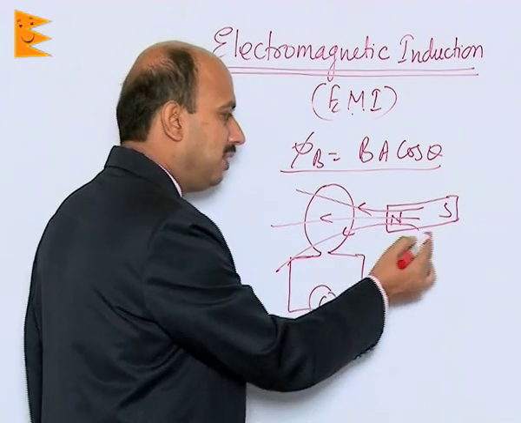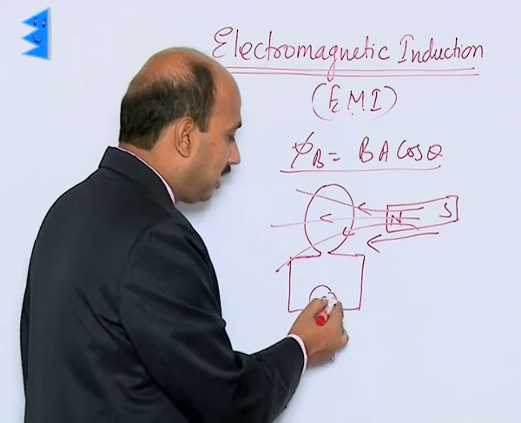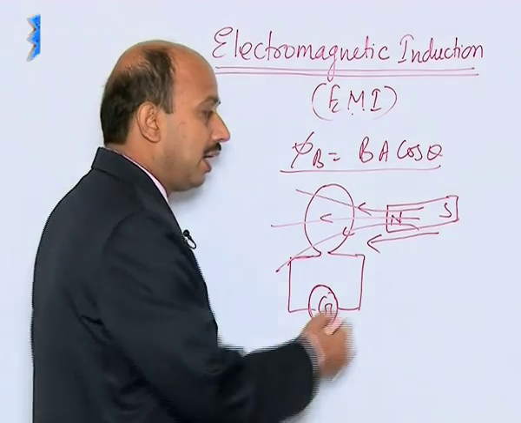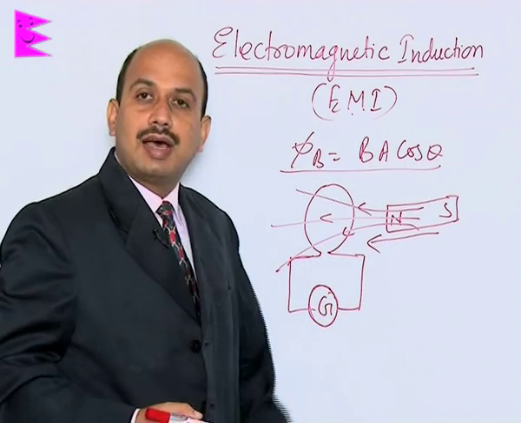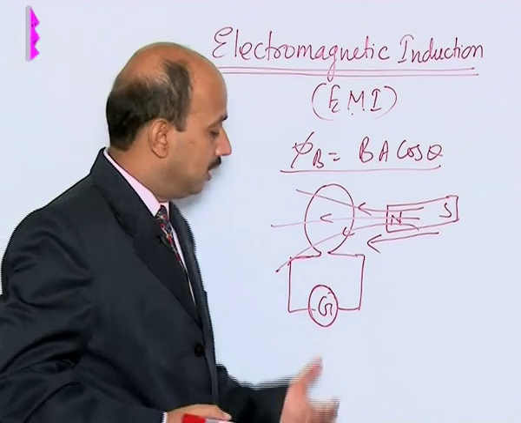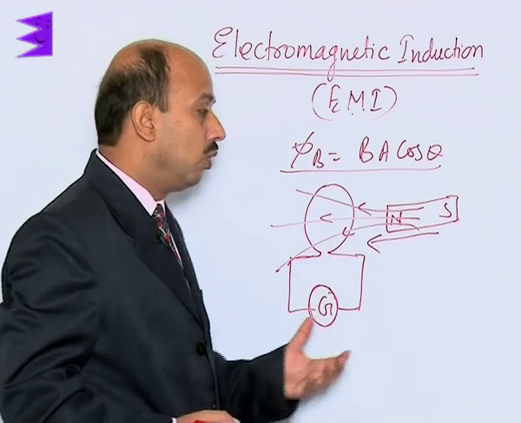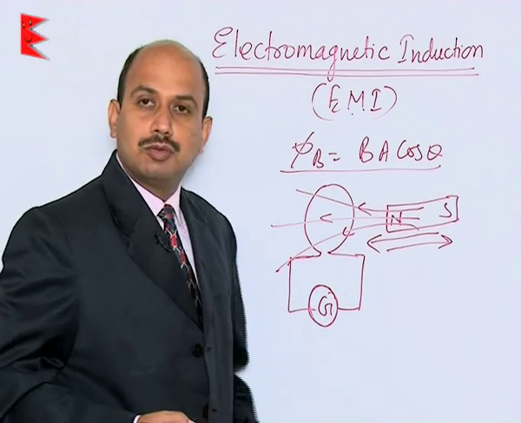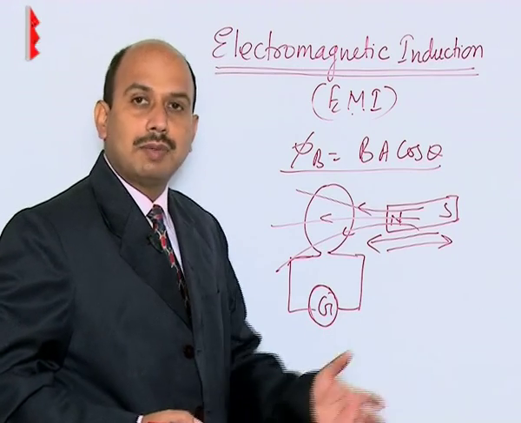As you move this magnet towards the loop, what happened? There is a deflection in the galvanometer. As this magnet comes towards the loop, there is a deflection. As the magnet comes to rest, there is no deflection in the galvanometer. And also, if this magnet is taken away, there is a deflection in the galvanometer, but it is opposite to the previous one.